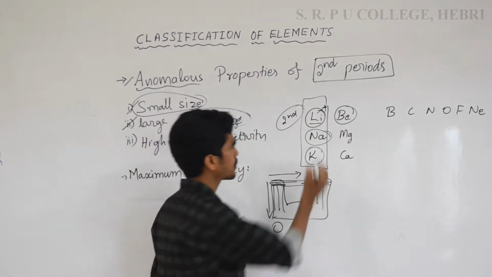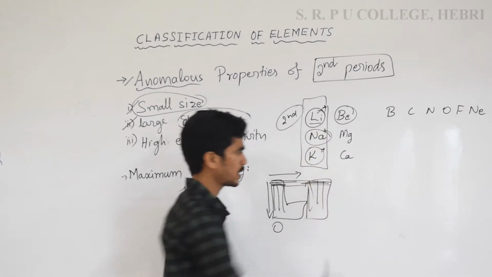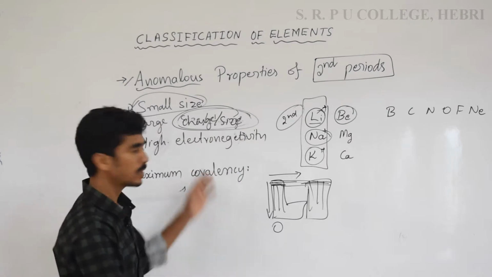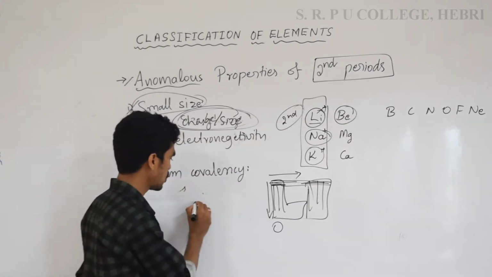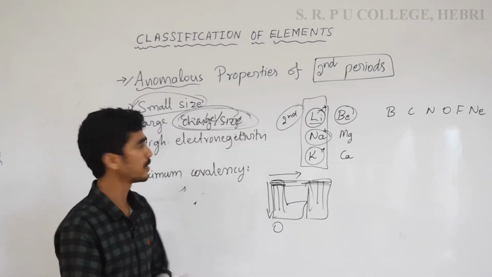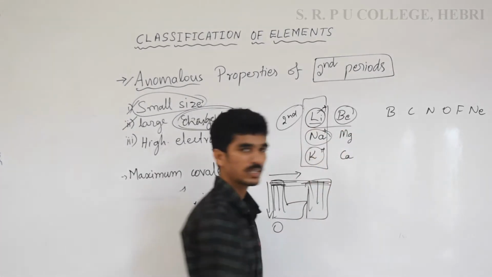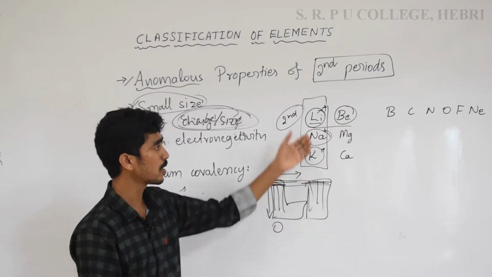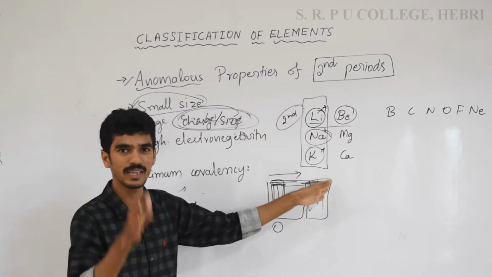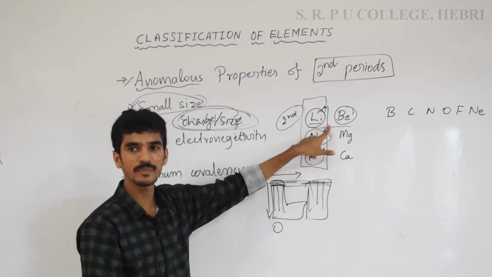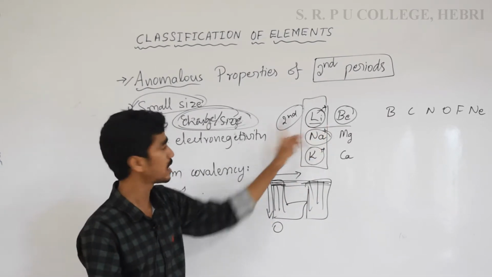First group elements are +1 only: sodium +1, potassium +1. So charge by size should be higher in a second period element. All the second period elements have a large charge by size ratio compared with the rest of the elements in the same group.